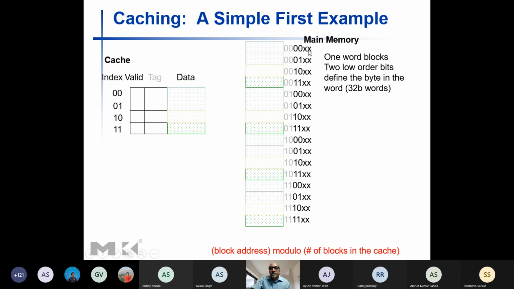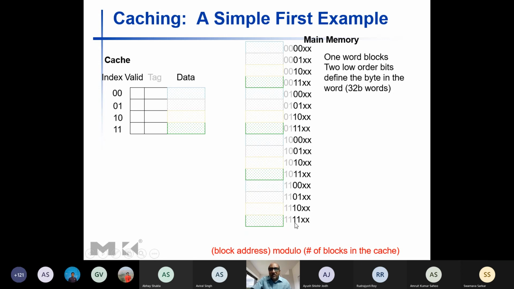The next 2 bits indicate the word number, and the later 2 bits indicate the tag portion. Sorry, not 32, there are 16 words in this case, and our cache size equals 4 words. It can accommodate only 4 words out of the 16 words.